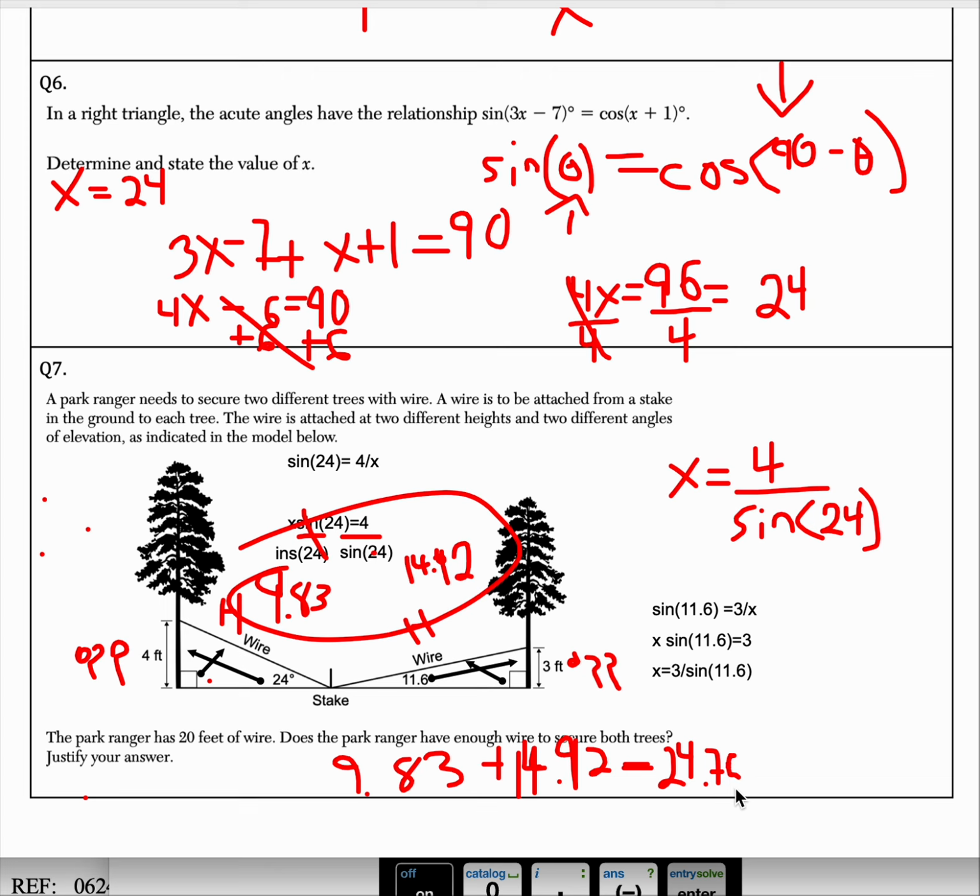So, does the park ranger have enough wire to secure both trees? No. And you know that you have to put a full answer.